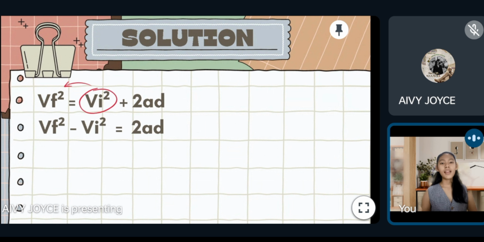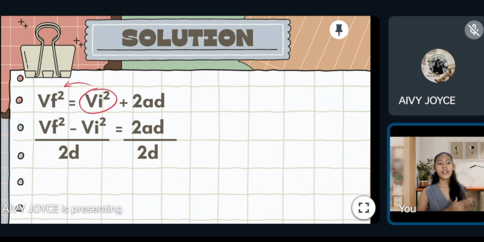So it will be negative or minus initial velocity squared. We're going to put 2d on both sides since we need to cancel on the left side. For canceling, we need the same unit or number, upper and lower. Since we have 2 and d at the same, up and down, we're going to cancel them together.